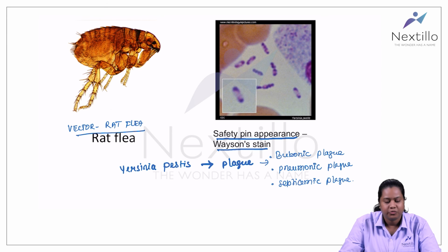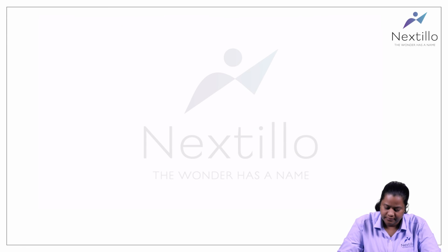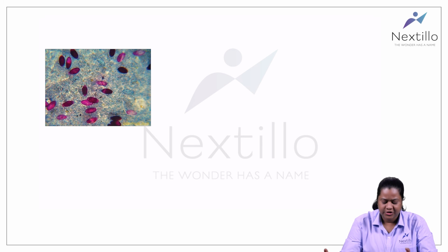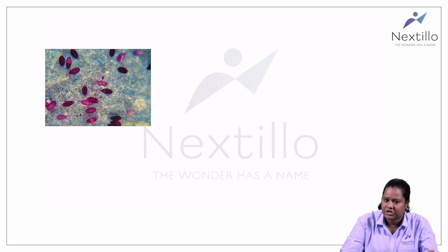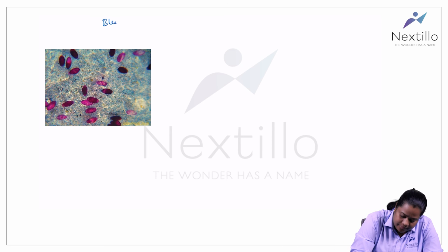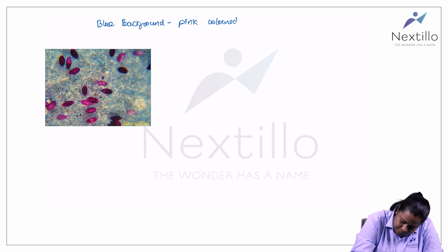Okay, fine. We'll move to the next figure. What is this? I could see a blue background with pink colored structures, right? When I see a blue background with pink colored structures, it is nothing but an acid-fast staining.